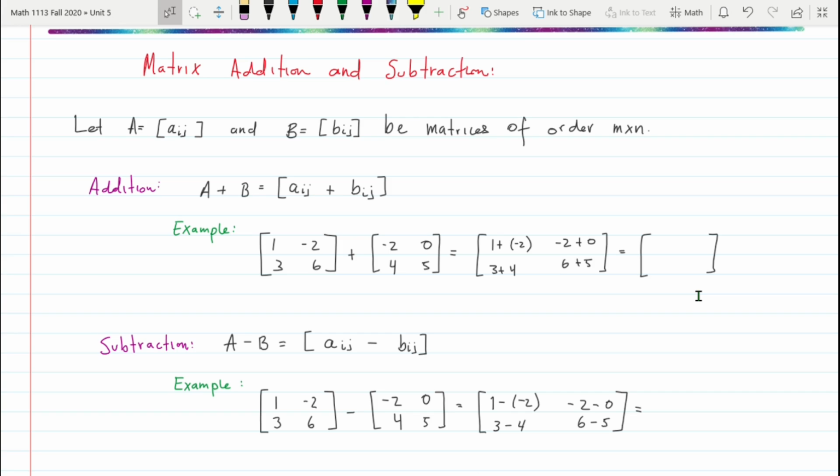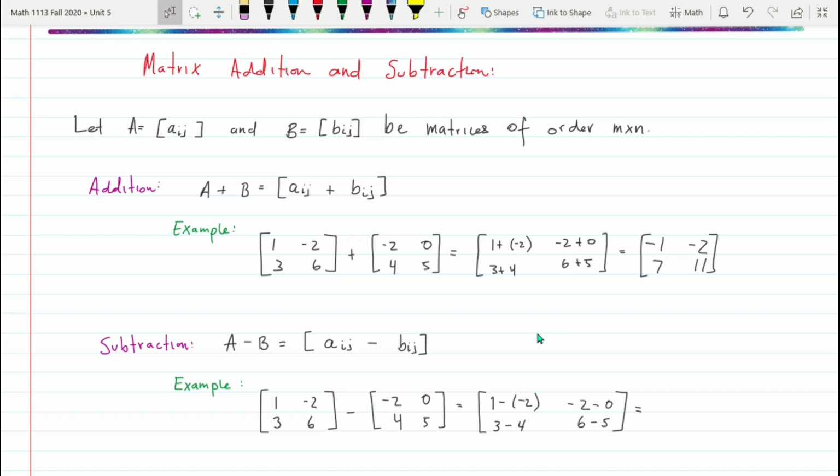So here I already kind of have it pre-written, but not finalized. What's 1 plus -2? That becomes -1. Then we have -2 plus 0. Well, that stays -2. Then we have 3 plus 4, which is 7. And then we have 6 plus 5, which is 11.